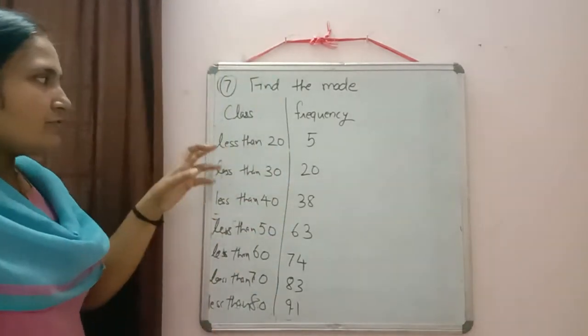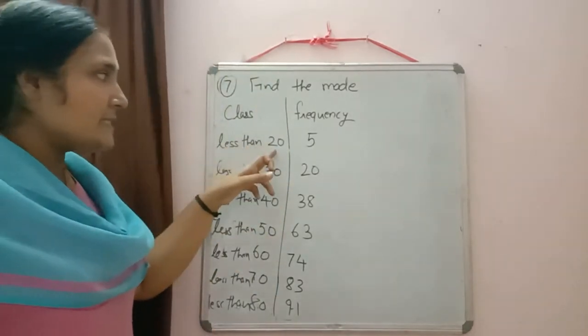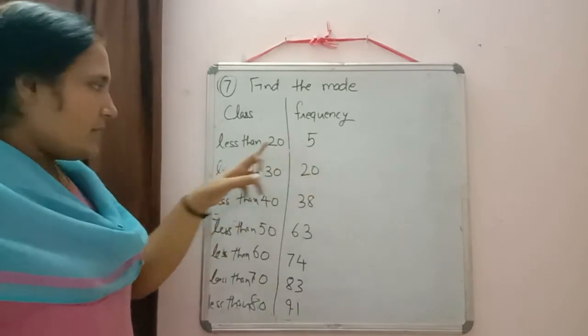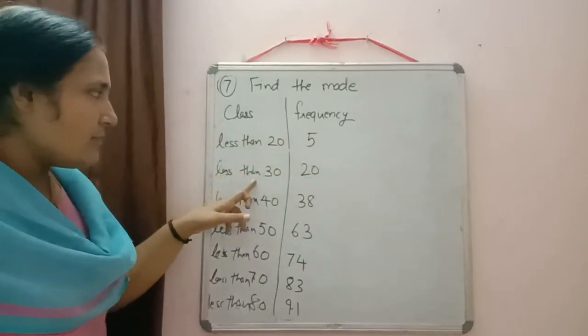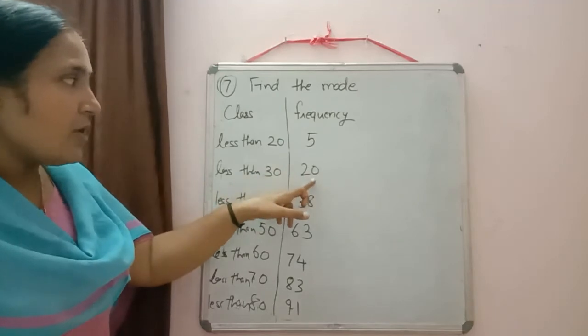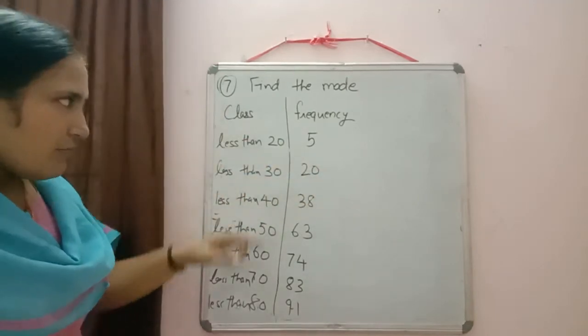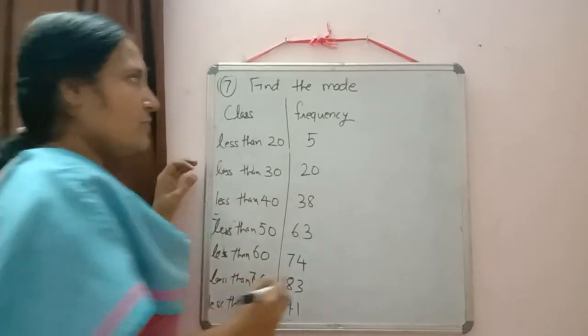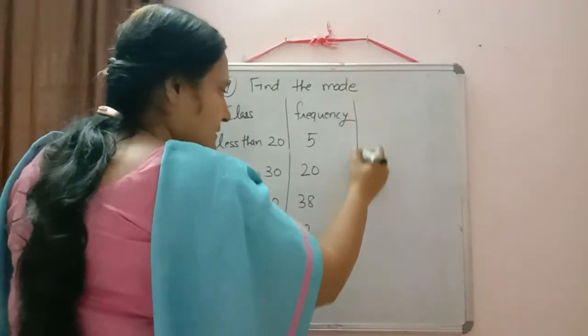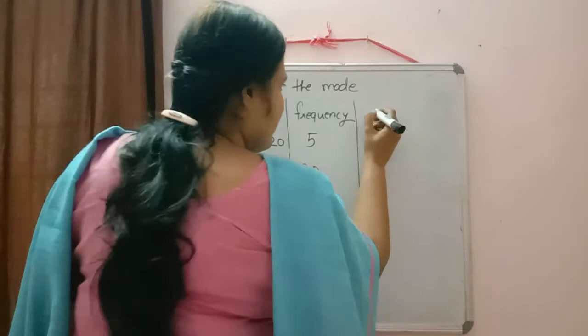So the number of students whose marks is less than 20 is 5. The number of students who got the marks less than 30, total number of students, is given here, 20. So for this information, we have to make the class interval and the corresponding frequency.